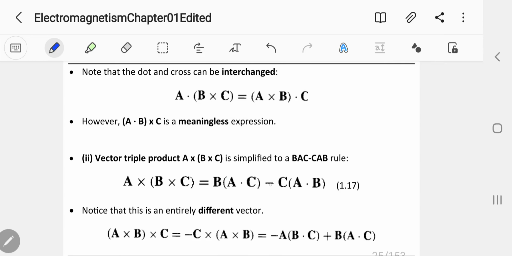So here you have, this is called the BAC-CAB rule. The BAC-CAB rule, you can remember it. And so you can also write the rule for this, which is that one. This one is taken from here.